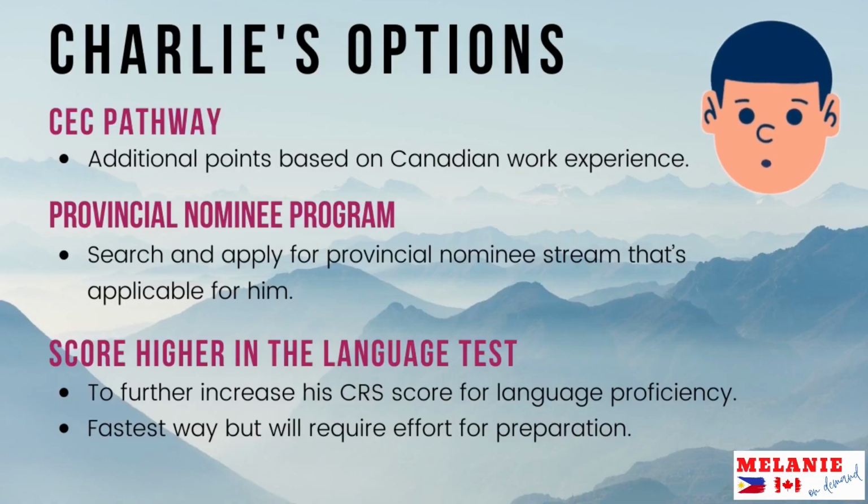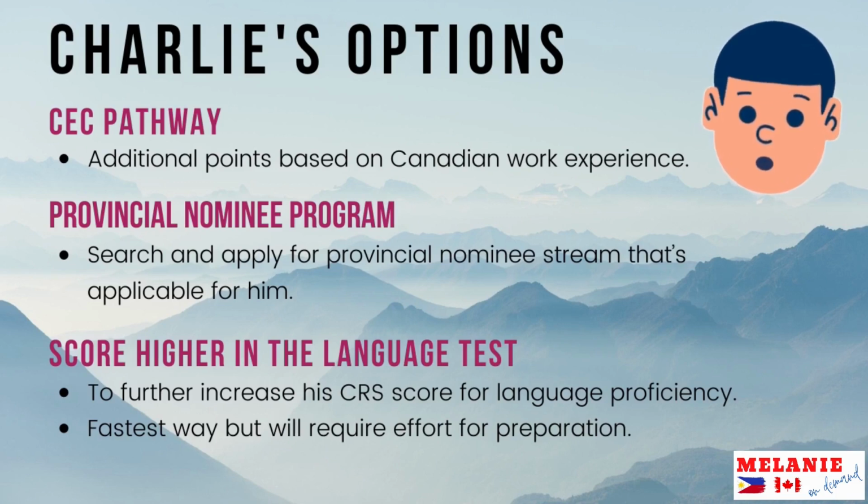Now, Charlie has 3 choices as seen here. First, CEC pathway. Passively wait for the express entry draw. If 457 won't make it to the cutoff, continue for another year of Canadian work experience, so total 2 years, to get more CRS points.